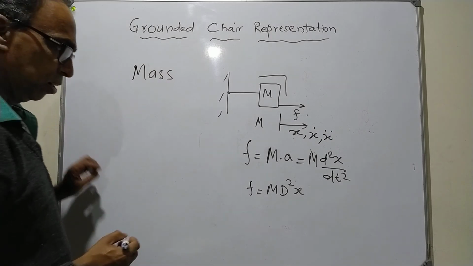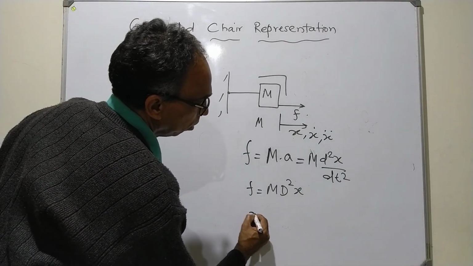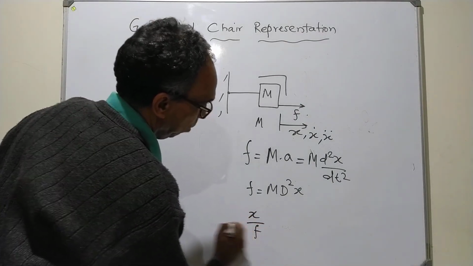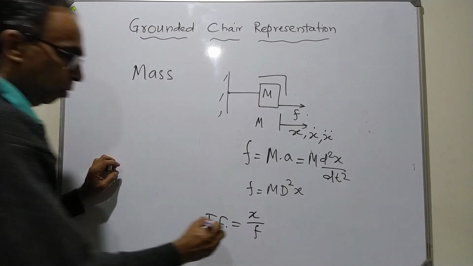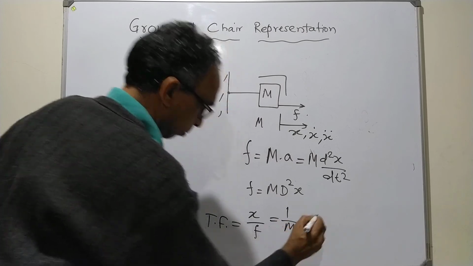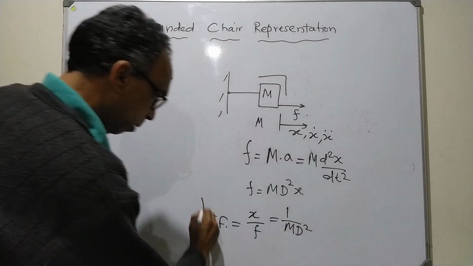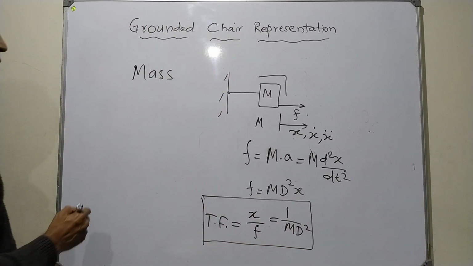that is acceleration. And what is the transfer function? X upon F was 1 upon mD squared. This is how we did the transfer function.